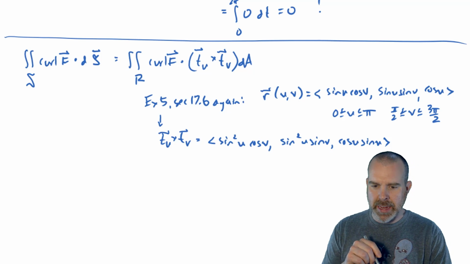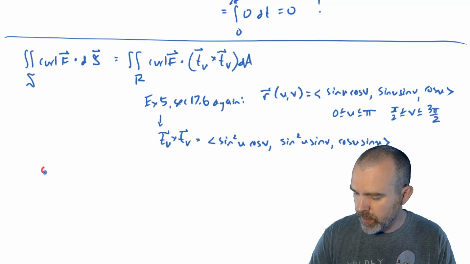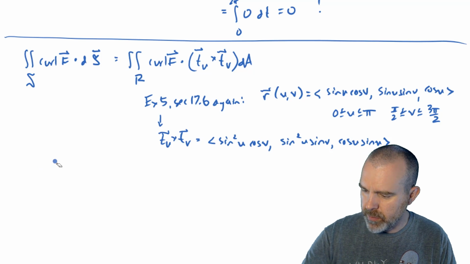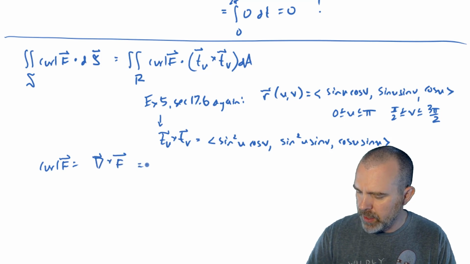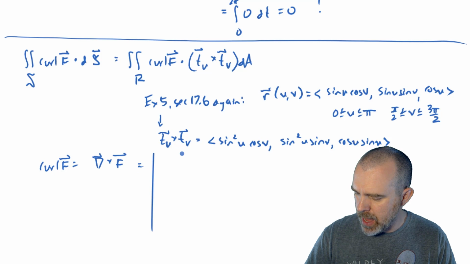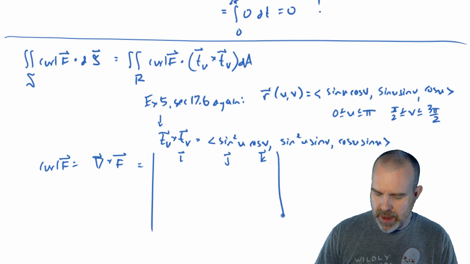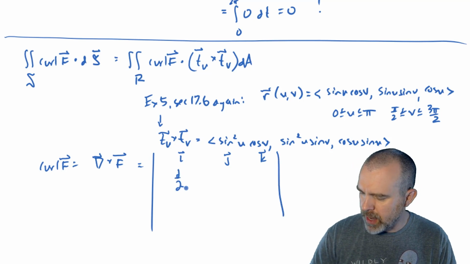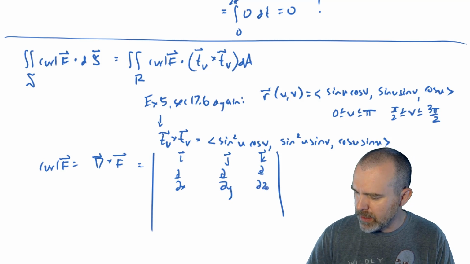Now we need to find the curl, which will be the gradient operator cross product with our field. That'll be i, j, k, and the partial derivative with respect to x, y, and z.